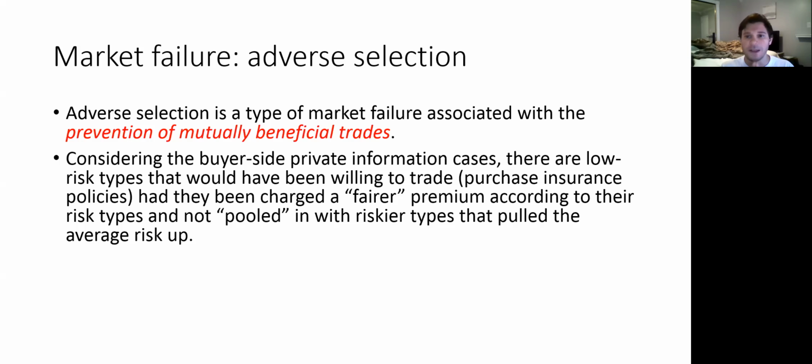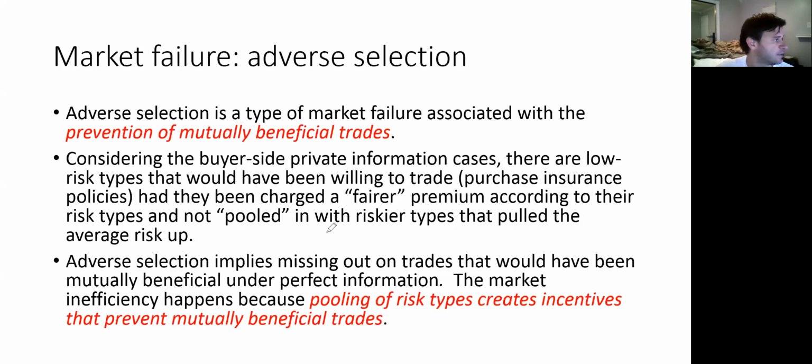That is preventing those mutually beneficial trades from happening at the low end of that spectrum. So adverse selection does imply missing out on trades that would have been mutually beneficial under perfect information, if everybody knew what everyone's risk types were. The pooling of risk types creates this incentive that prevents mutually beneficial trades.